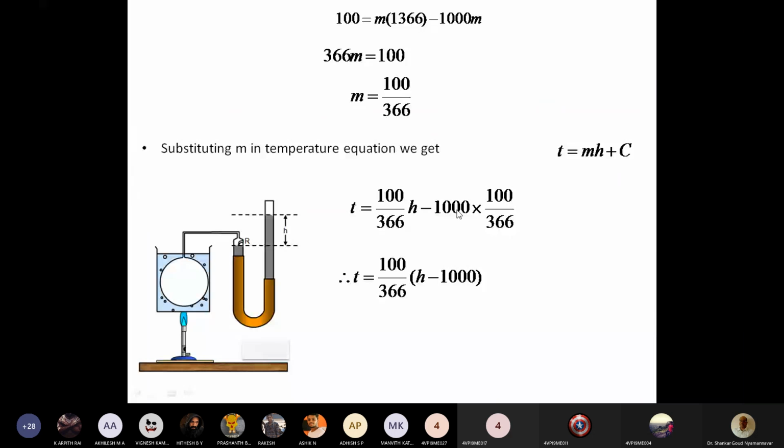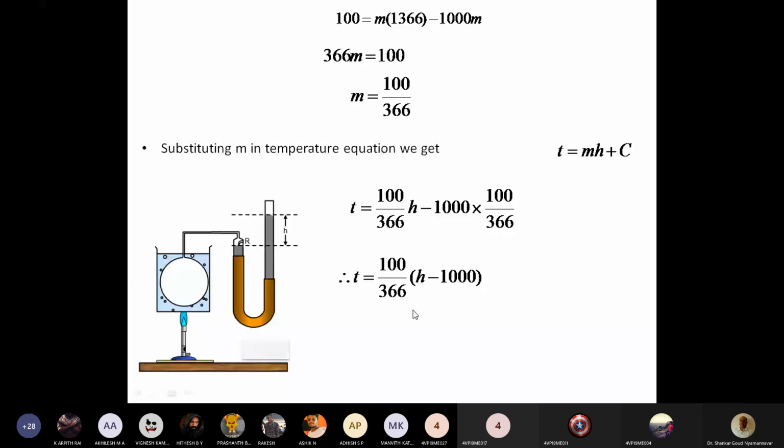M we know is 100 by 366. Therefore, the equation reduces to T = 100 by 366 into (H minus 1000). Now, for any pressure, you can find out the temperature value.